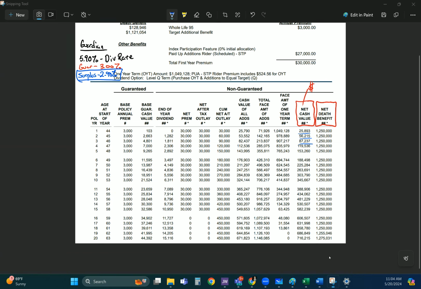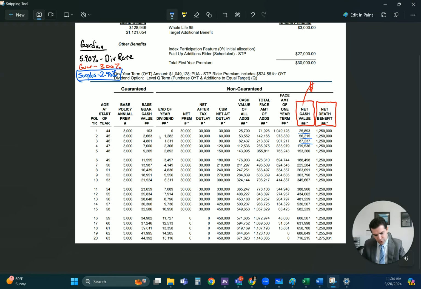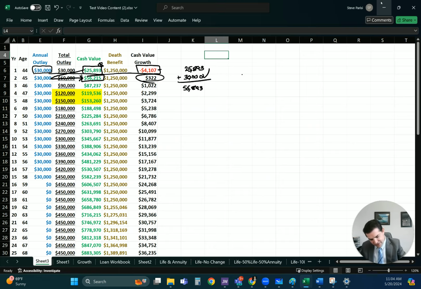Now, if we go back to that illustration, the dividend in year 2 showed $12.82. I didn't get that much net. This is what can be really confusing to people. Where the $12.82 comes from is if I looked at my policy at the beginning of the second year, instead of $56,215, I might see, call it, $55,000 or so.